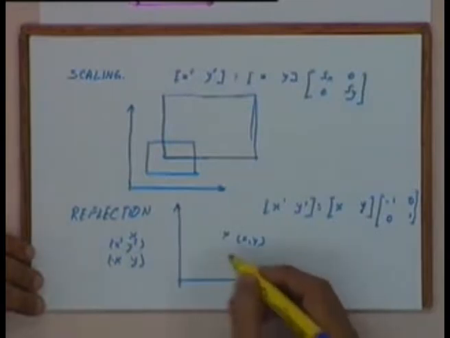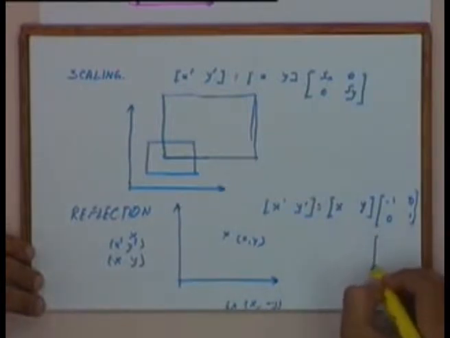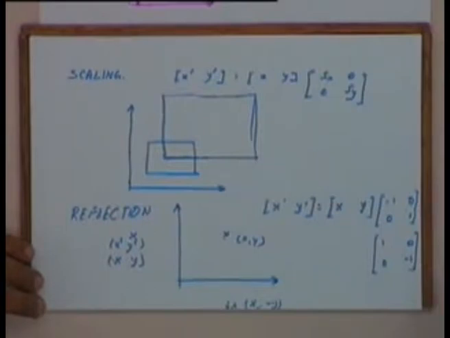Similarly, if you are reflecting about the x axis, this point will go somewhere down at this location, and the coordinates would then become (x, minus y), and this matrix will become [1, 0; 0, minus 1]. Similarly, if you reflect about the origin, that means we take this radial line, proceed it in this direction, and we get a point in that direction which is (minus x, minus y), and for reflecting about the origin, the transformation matrix will be [minus 1, 0; 0, minus 1].